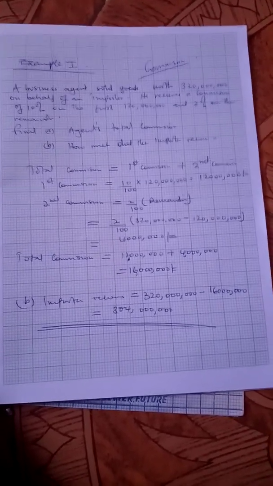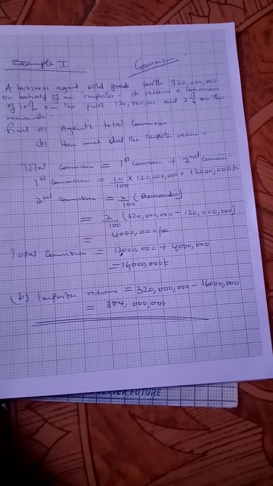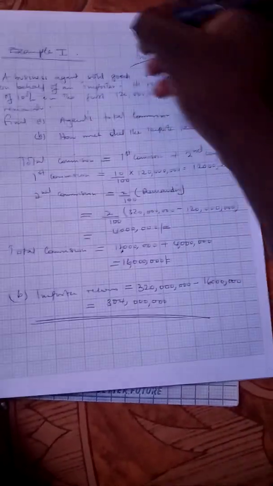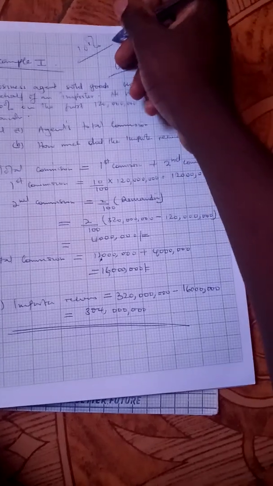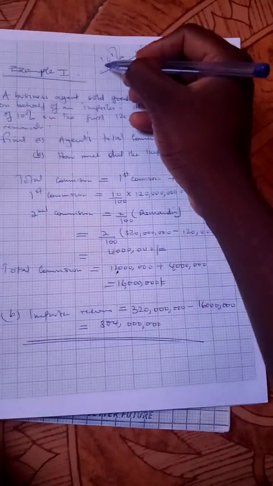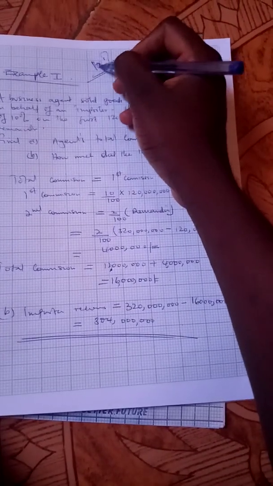Now every time I sell, I'm supposed to earn a percentage. So we shall make an agreement that I'm going to sell for you this soap that is worth 100 million. But after selling, which percentage do I get? So they can say maybe 10%. After selling these goods, you will get 10%. And that 10% we treat as commission.